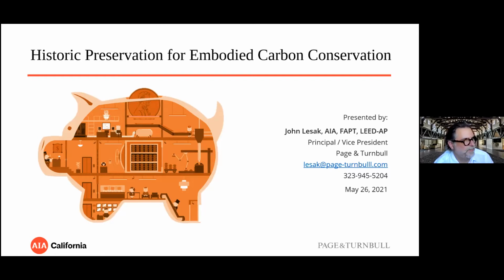When I think of buildings, building is the most environmentally impactful thing that people do, both constructing buildings and operating them. But when I think about an existing building, I like to think of it as a piggy bank that we've been investing energy or carbon dioxide resources in over time.